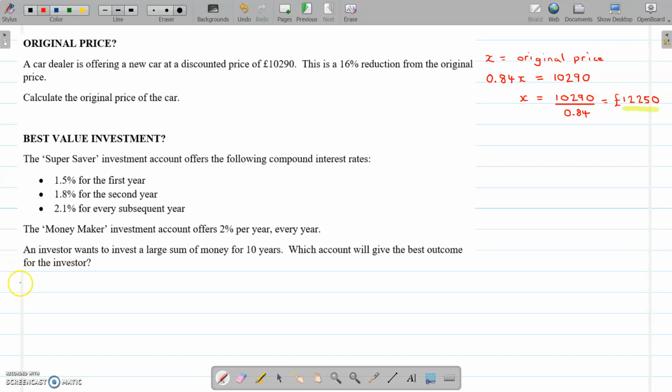So all we need to do is start with X. For the Super Saver, we start with X. I'd better say what X is, so I'll say over here, let X equal amount invested.